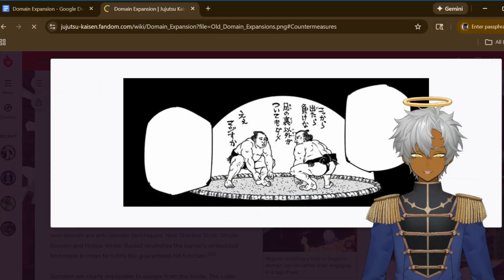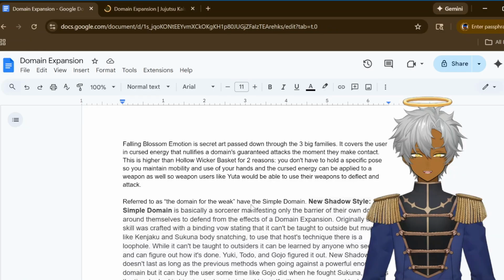But because you don't need to use a hand sign, someone like Yuta could run around, use full mobility to dodge, jump, get closer to their enemy who's casting the domain, and then he can also extend that barrier onto his sword, using his sword to block and deflect incoming attacks. So not only are you able to stop the instant hit attacks, which Hollow Wicker Basket can also do, but you also have full mobility.